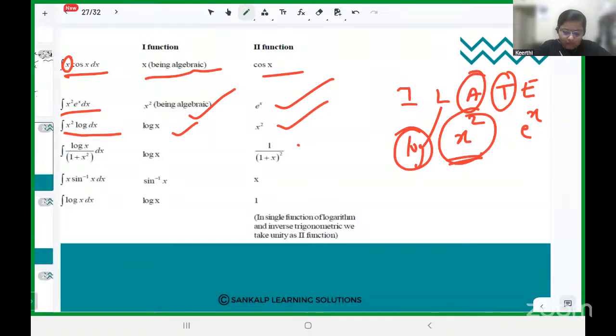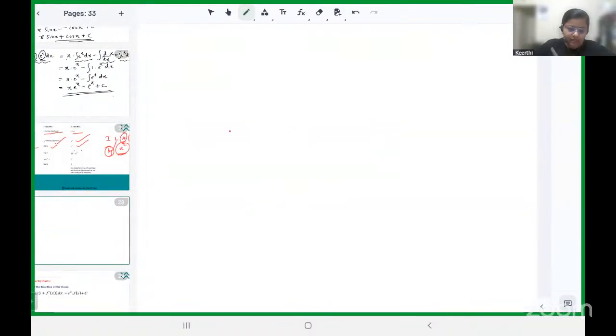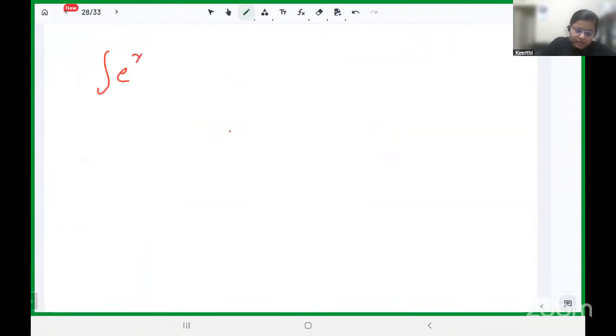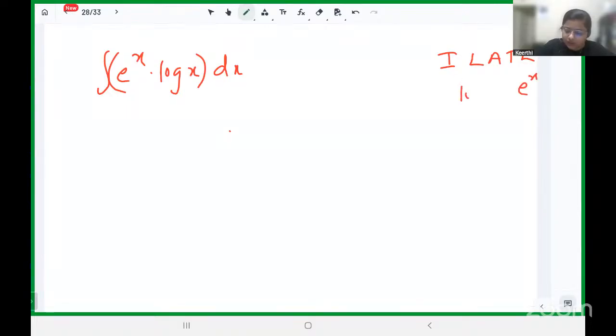That is, if you are given a question like integral e raised x into log x dx, which function should you choose as the first function? Is any rearrangement required? Yes, definitely. Because here, if you look at the rule, exponential function is there and logarithmic function is also there, e raised x and log x.